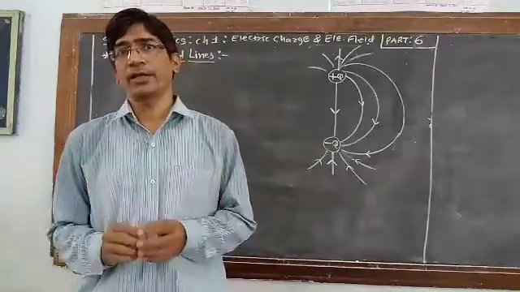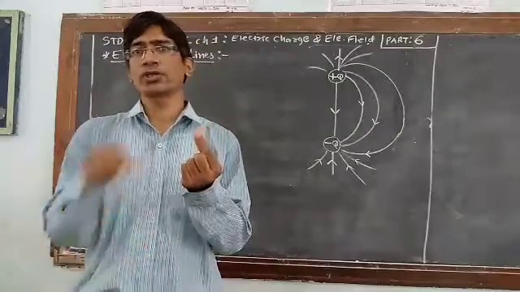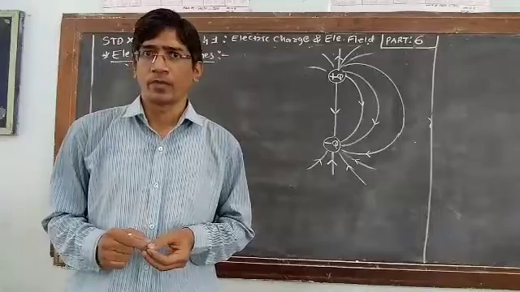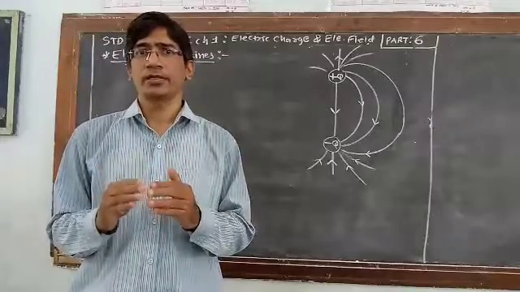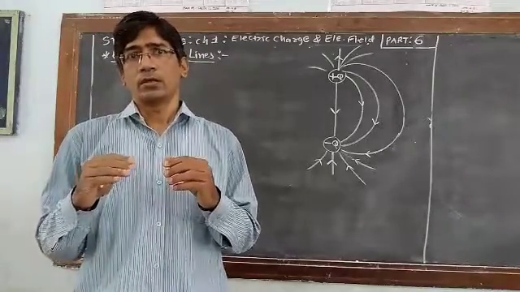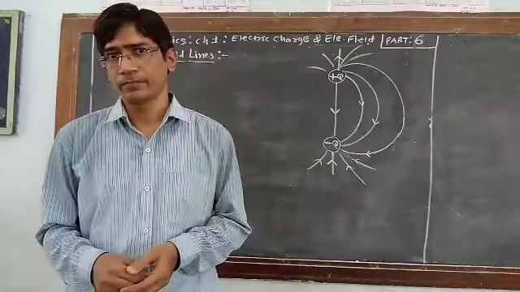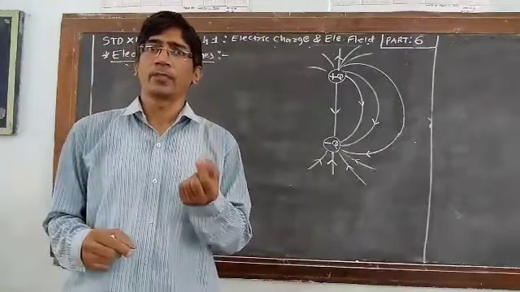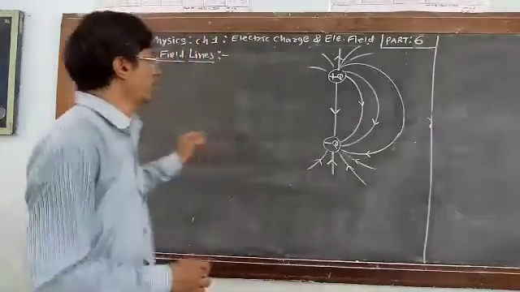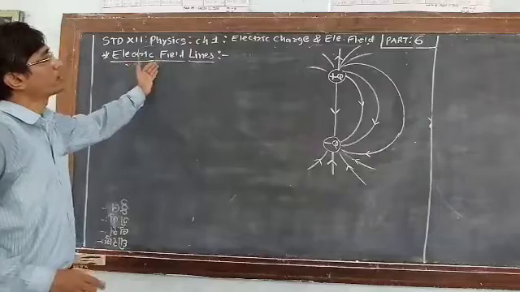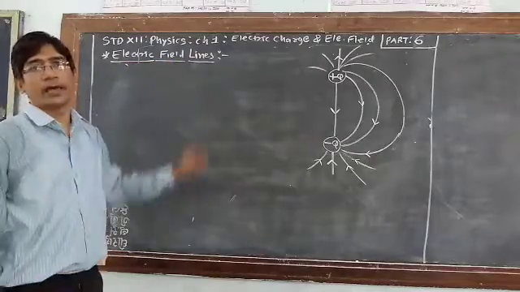Electric field is reality. If you take the point charge, you cannot see around the point charge what the electric field is, because electric field is reality, but it is like the magnetic field. We can represent the electric field by drawing the electric field lines.